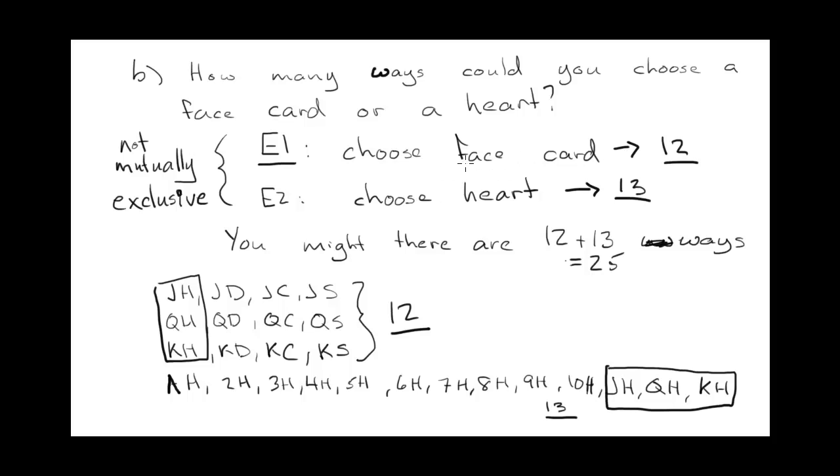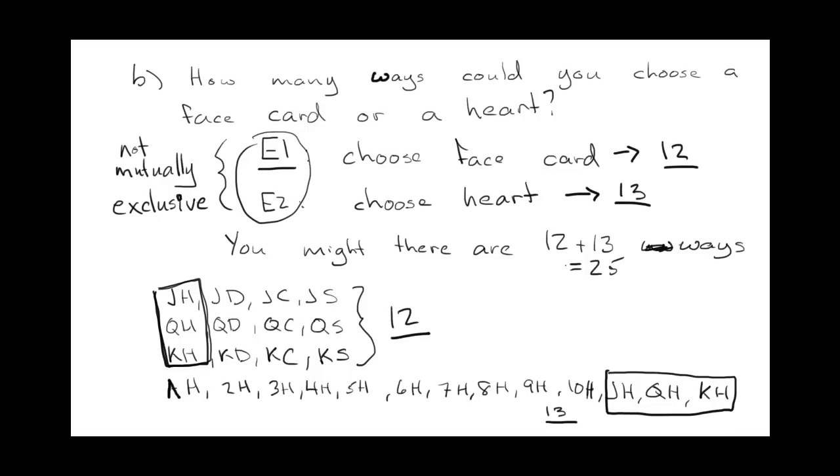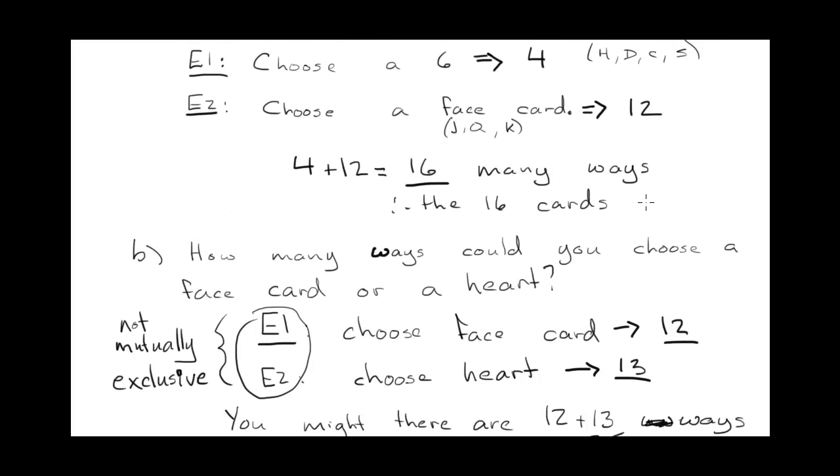You could choose a face card, which is also a heart. Any of these three would be both E1 and E2. So since there's kind of overlap, you can't just add them together, otherwise you end up double counting. So hopefully that shows you what mutually exclusive means. And just remember the first example, where you had to choose a 6 or a face card. A 6 and a face card are mutually exclusive because you can't choose a 6 that's also a face card, which is why we could just add them together.